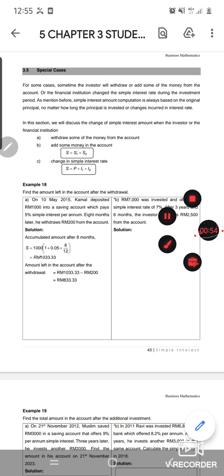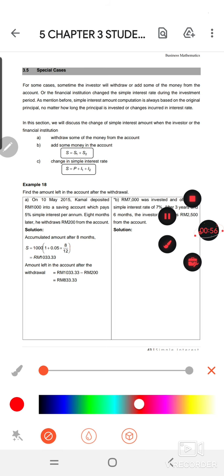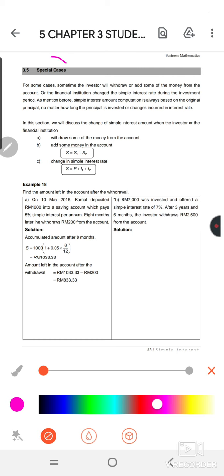Okay, so maksudnya kat sini saya terangkan sikit. So sometimes special cases ni bila ada perubahan pada interest. For example, first tu withdraw some of the money from the account. Contohnya awak keluarkan wang simpanan awak pada masa belum matang, maksudnya tempoh yang belum matang.